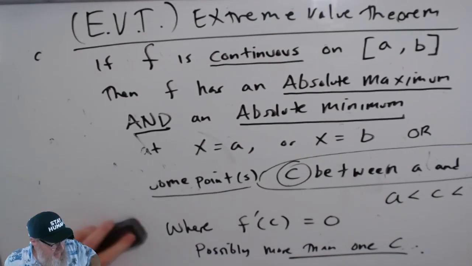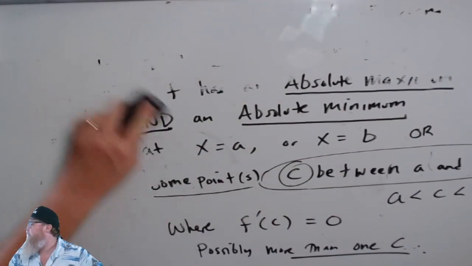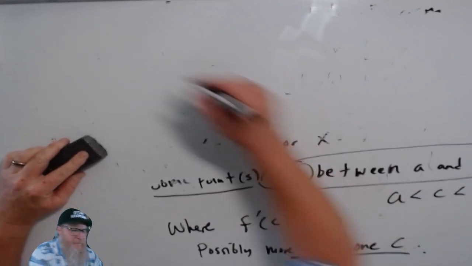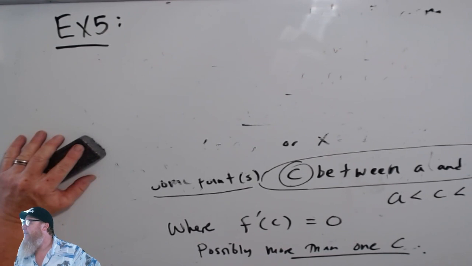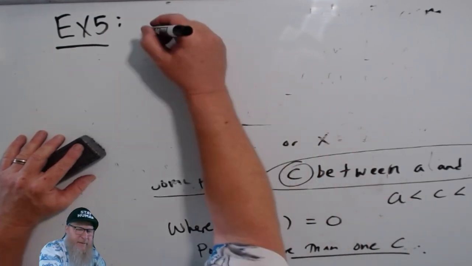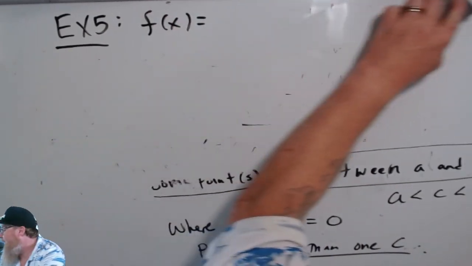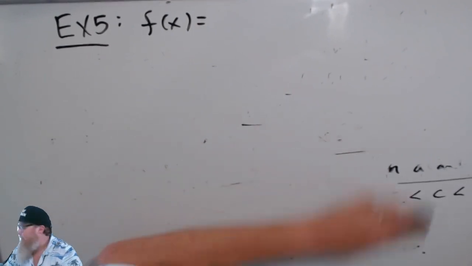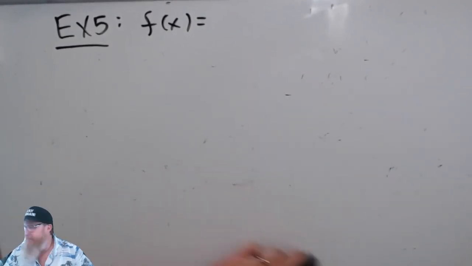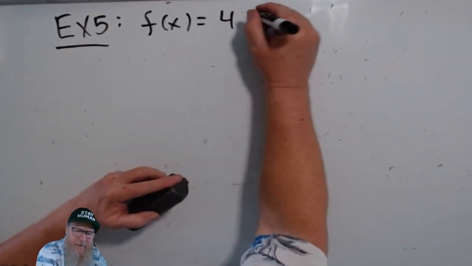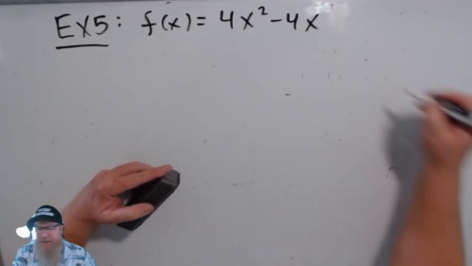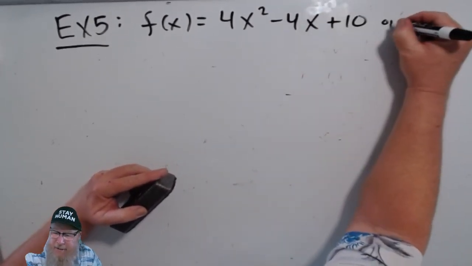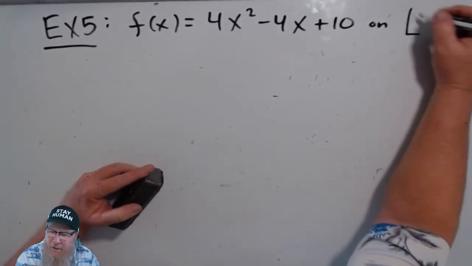All right, so let's go ahead and see an example of this theorem. Example 5. f of x equals 4x squared minus 4x plus 10 on the interval 0, 8.